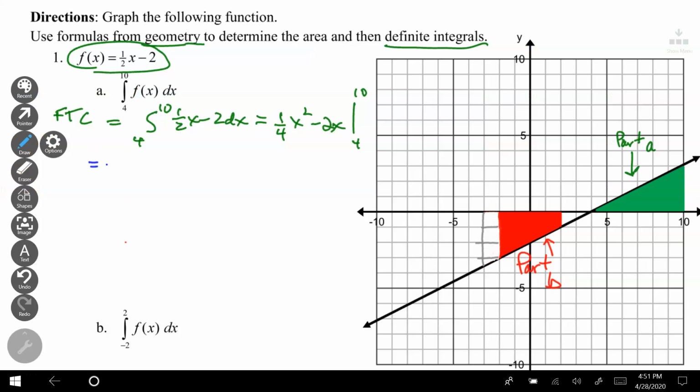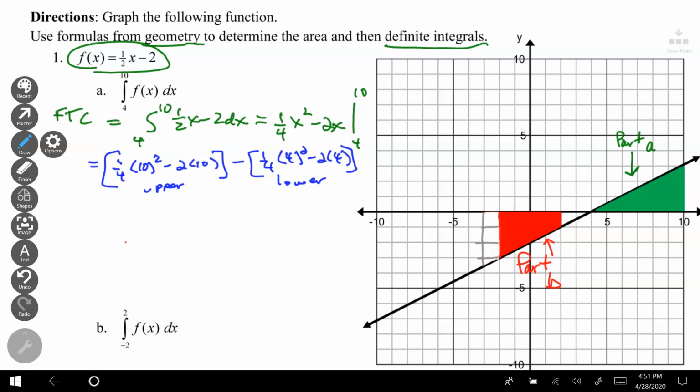I get equals 1/4 10 squared minus 2 times 10 minus, so this is the upper, and now I have to do 1/4 of 4 squared minus 2 times 4, and that is the lower.